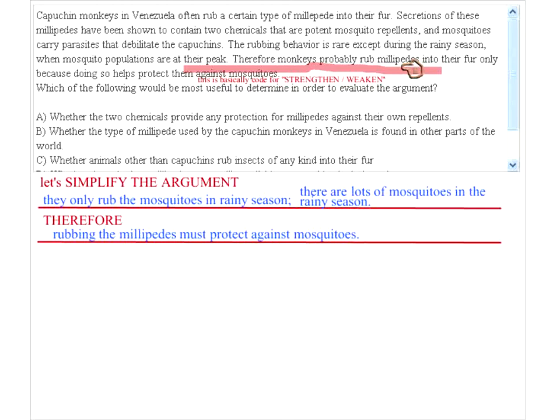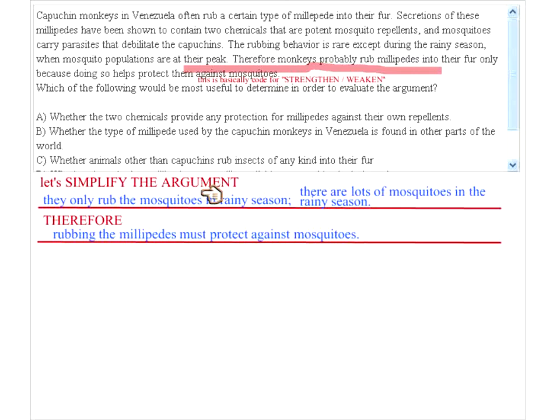So, okay. Some of you, I want to comment on a couple of these simplified arguments. A couple of you are going a little bit too far. One of you, as a premise, put capuchins use millipedes to repel against parasites. That's not what this says, okay?